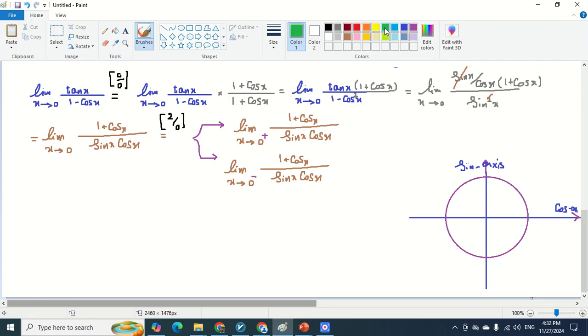For instance, if I have this ray over here, which determines the angle alpha, or x, let me just name it theta to avoid problems with that case. So let us call it theta.